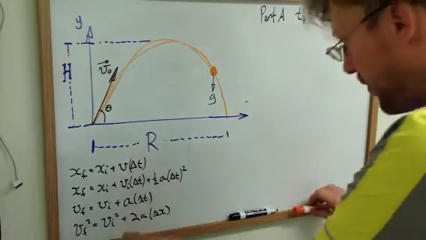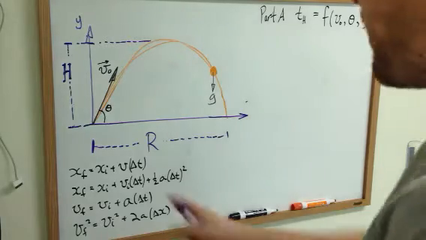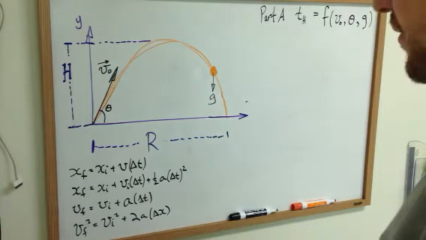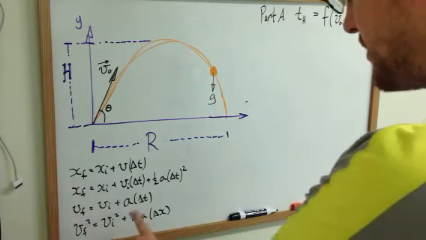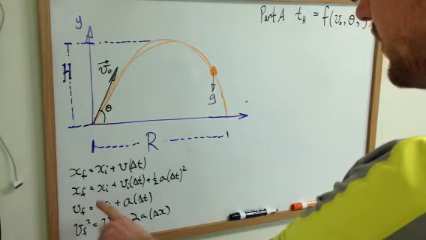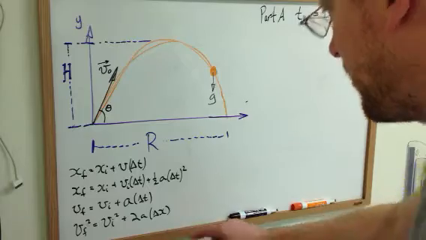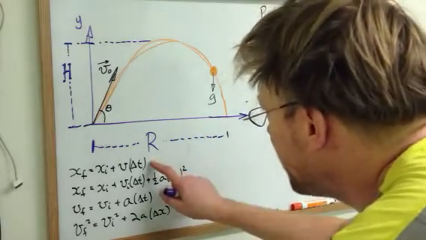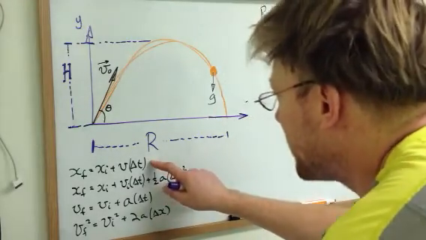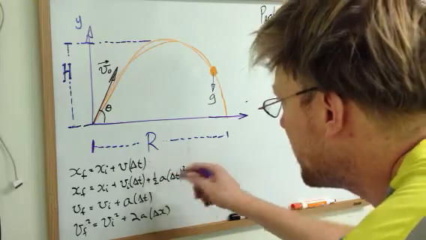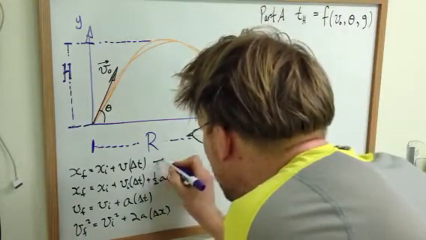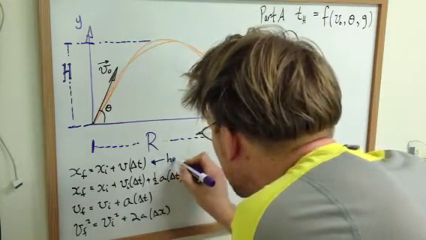I've written down the four kinematic equations that typically describe motion. The bottom three have accelerations in them. The top one is for constant velocity, no acceleration. This is the one we could use in the horizontal direction.